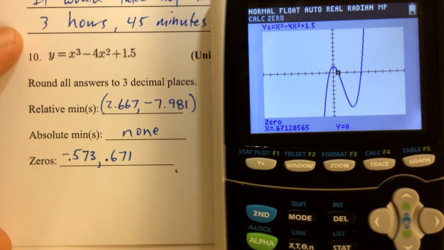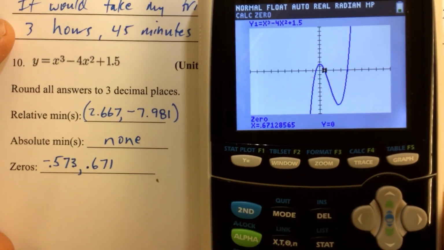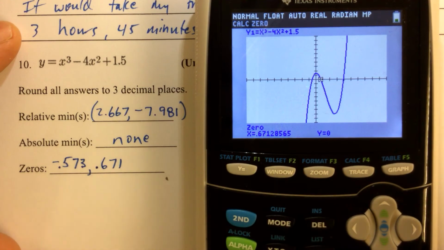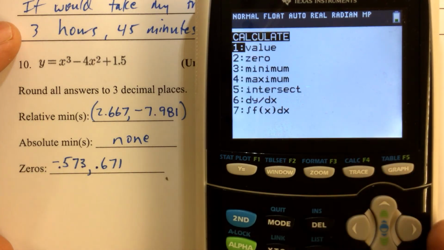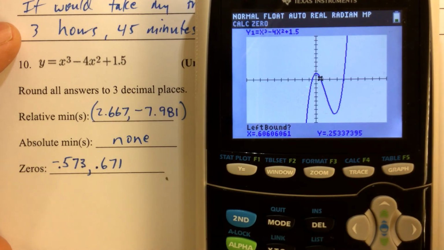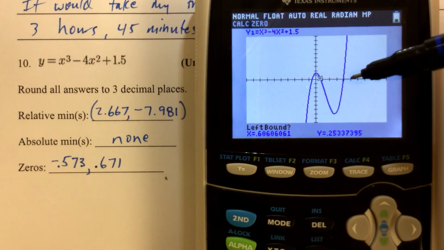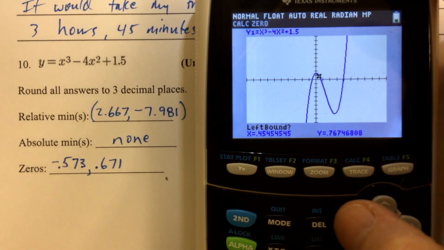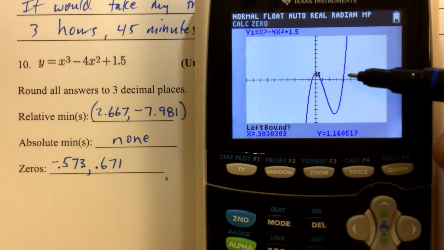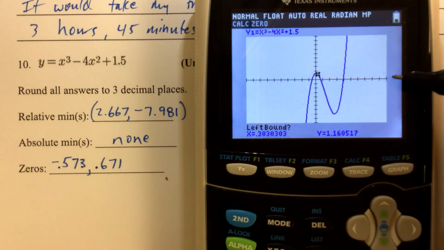So here's where I'll show you a little trick. It's not necessarily a trick, but it's something that'll save you time. We want that third zero. Second calculate, down arrow enter, or just hit the 2. But notice that third zero is way out here, and if you count the little tick marks, we have 1, 2, 3, 4, 5, 6, 7, 8, 9, 10.